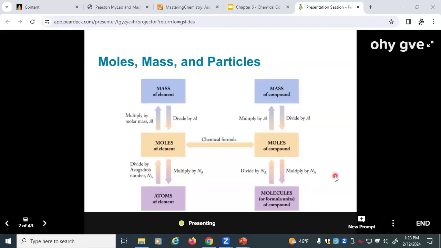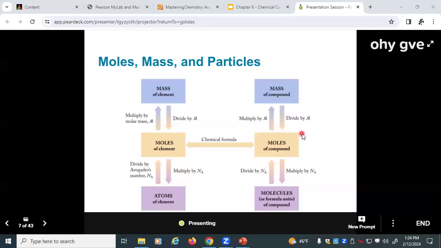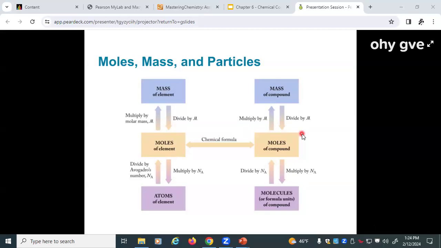The first one is going to involve Na. Na is Avogadro's number. The second is going to involve capital M. Capital M is molar mass. Now, as we go through this chapter, there are two sides to this.